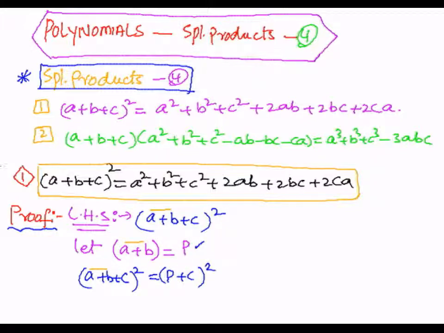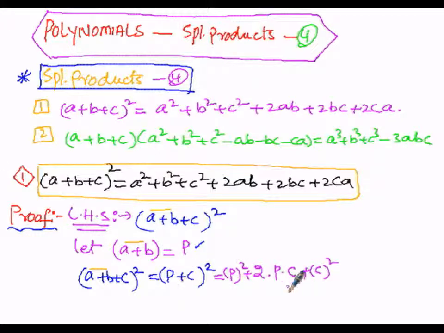Here we know the special product, the a plus b whole square form. So (p plus c) whole square is in the form of (a plus b) whole square. In its expansion, (p plus c) whole square will be p square plus 2 into first term into second term plus second term square, that is c square.